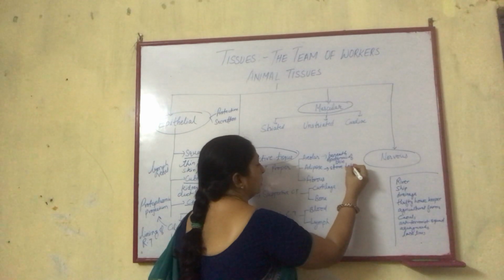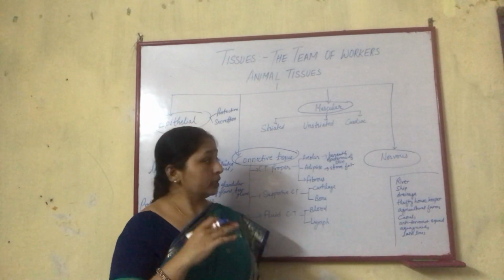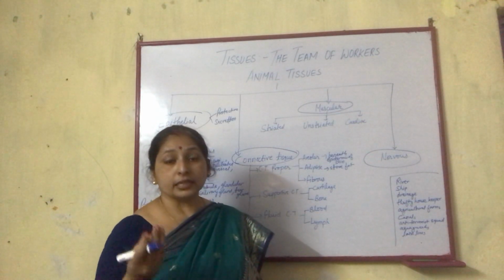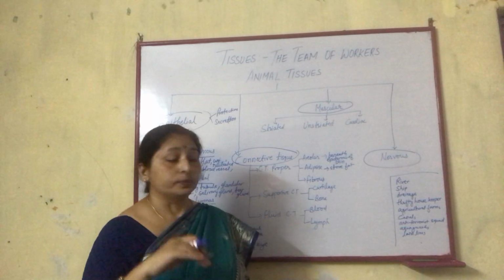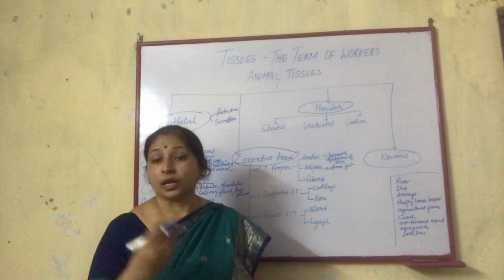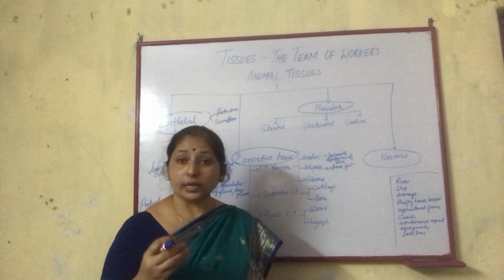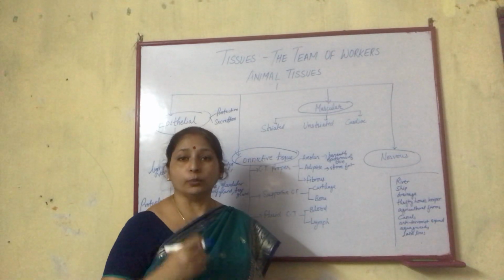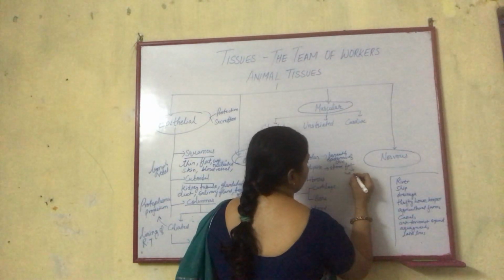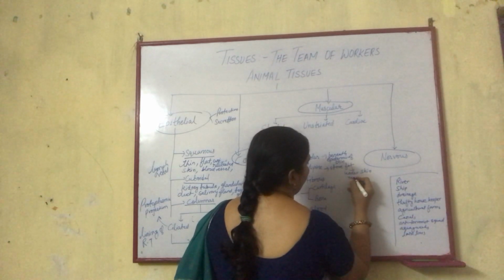Where do they store fat? They act like a padding or cushion in the areas near the eyeball, near the kidney, or under the skin. Under the skin, these fats act as an insulator to help retain the body heat.